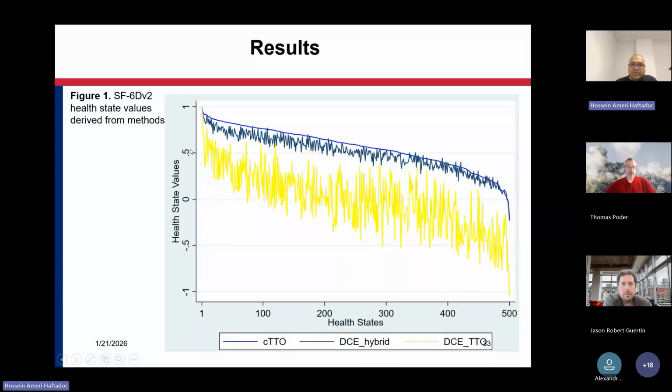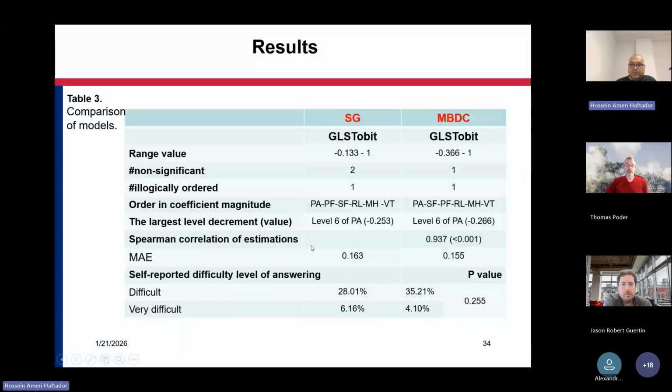For good health, DCE hybrid also underestimates, but it's very close. So the figure shows DCE hybrid is better than DCE TTO compared to TTO.